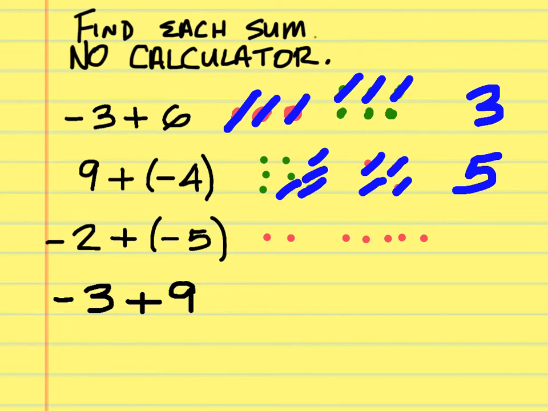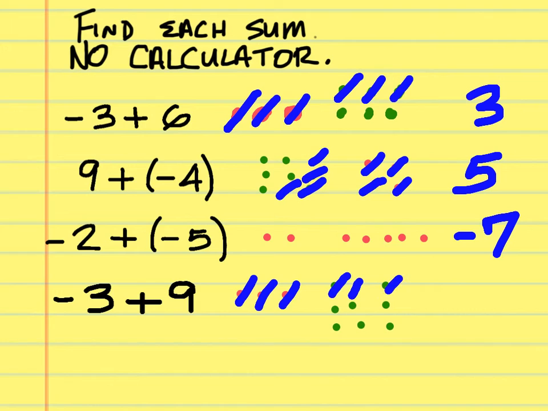Do I have anything that I can cancel out? No, so let's just add up what's there. I have -7, yeah. Down here at the bottom, I have 3 negatives and then 9 positives. So I'm going to cancel 3 negatives and 3 positives. What am I left with? Yeah, I'm left with +6.